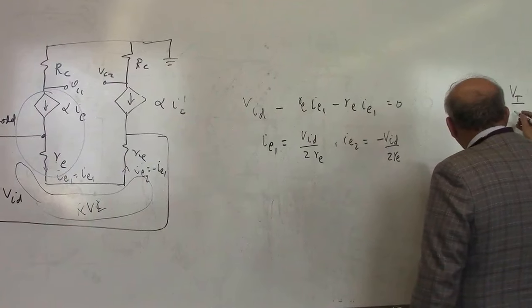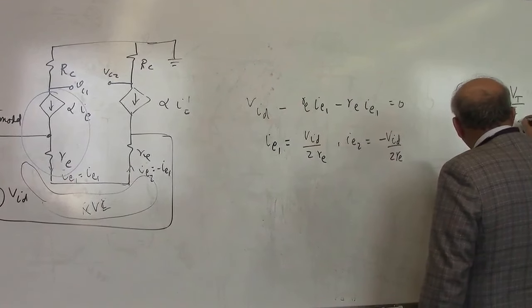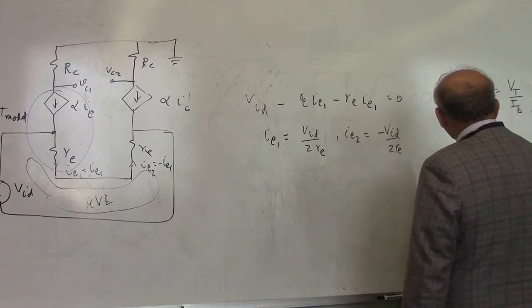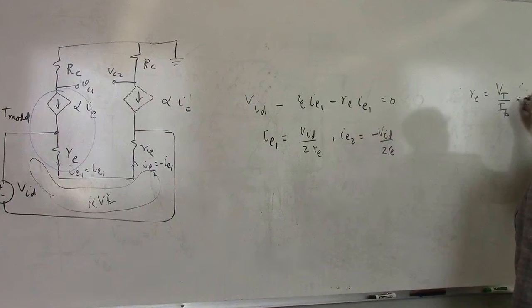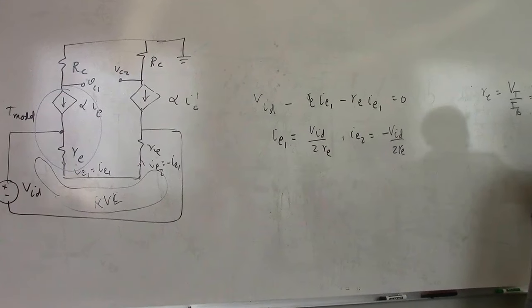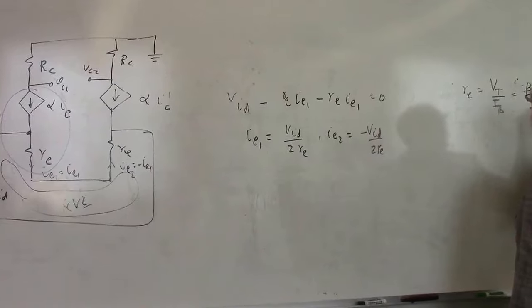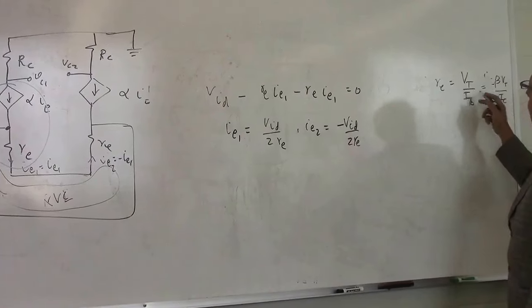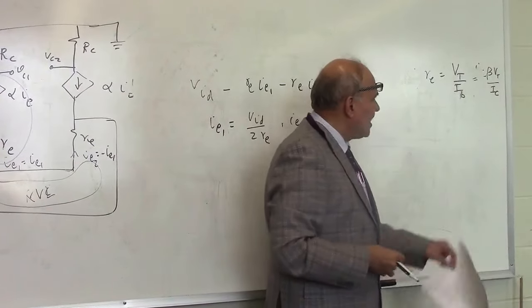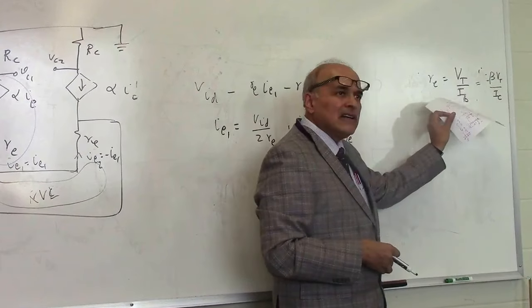And if I use the T model, just for your information, the value of this RE is actually VT divided by IB, which is a bias current, or you can even write it as beta VT over IC, because IC and IB are related by the factor beta, which is the beta of the transistor. Now what does VT mean?